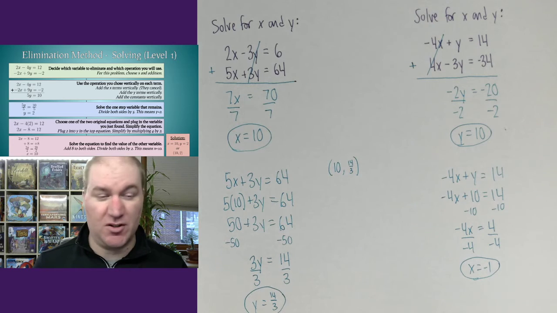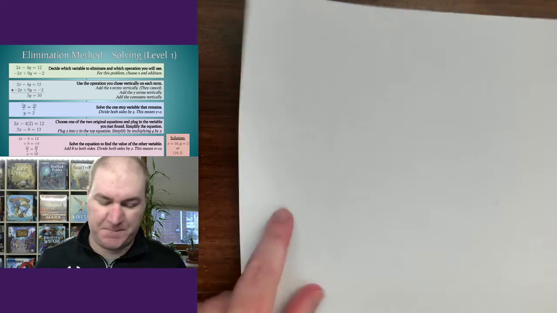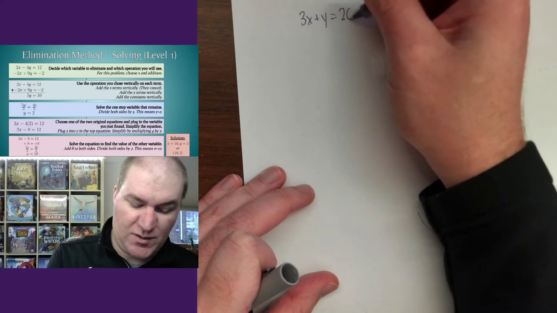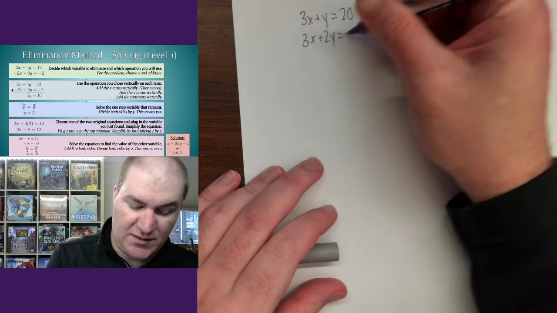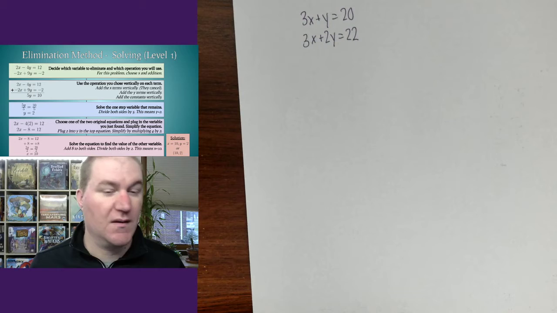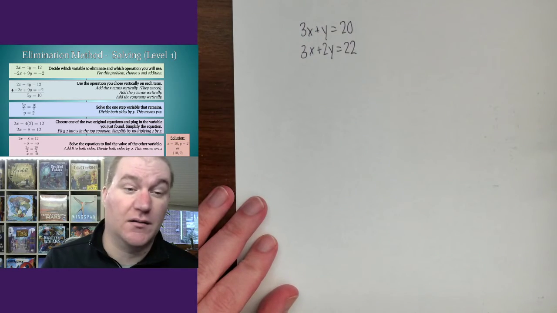All right, so very quickly, I'm going to show you one more example here on the back, and it's going to be an example where we need to subtract. All right, so 3x plus y equals 20, and 3x plus 2y equals 22. So you can see in this question, both of the x's are the same, right?